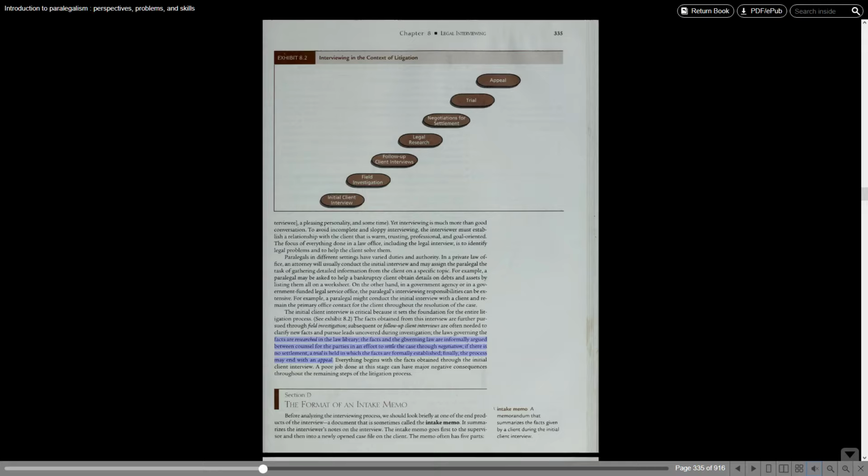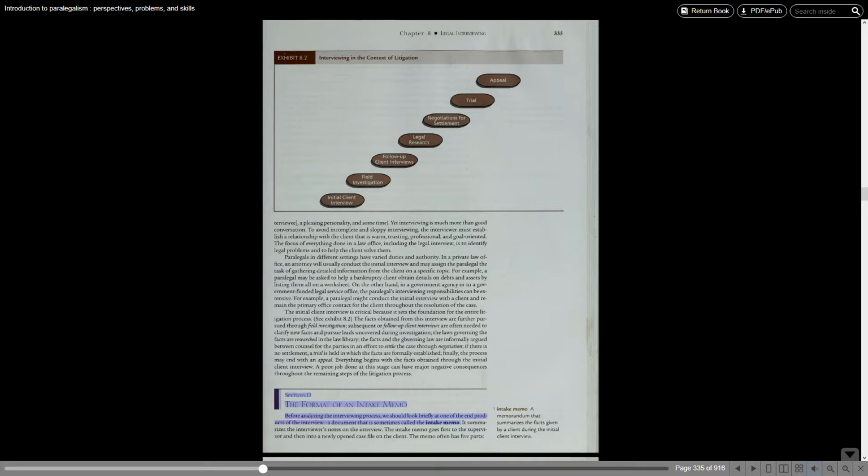The facts and the governing law are informally argued between counsel for the parties in an effort to settle the case through negotiation. If there is no settlement, a trial is held in which the facts are formally established. Finally, the process may end with an appeal. Everything begins with the facts obtained through the initial client interview. A poor job done at this stage can have major negative consequences throughout the remaining steps of the litigation process.